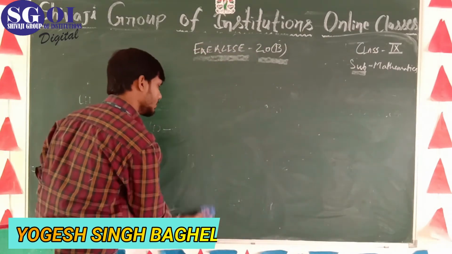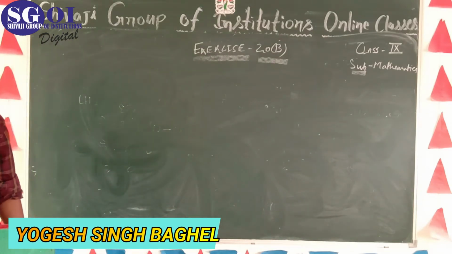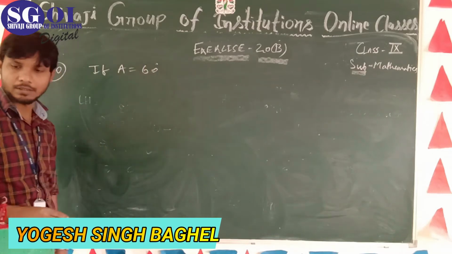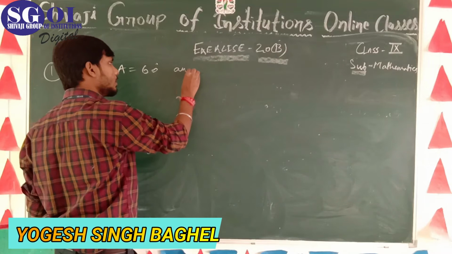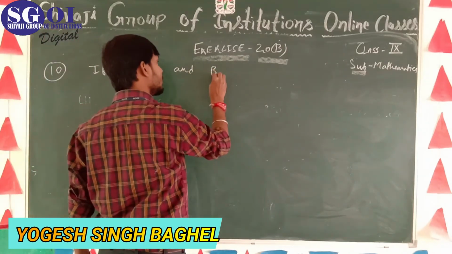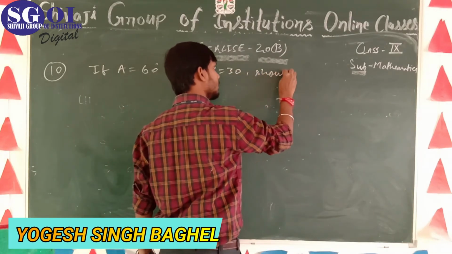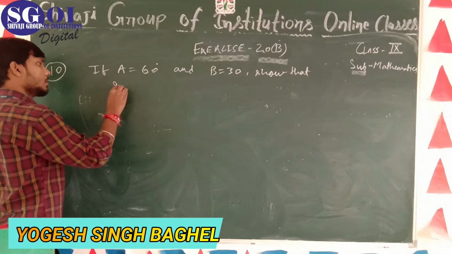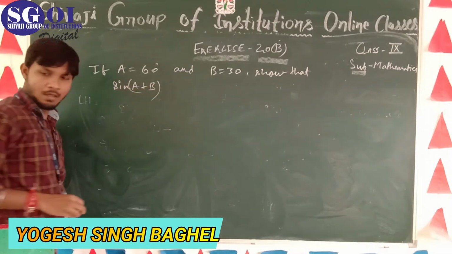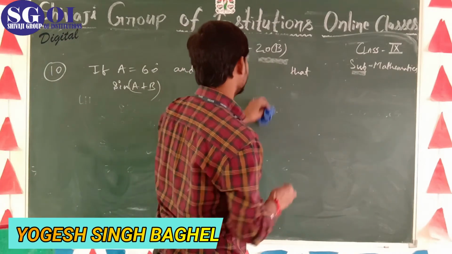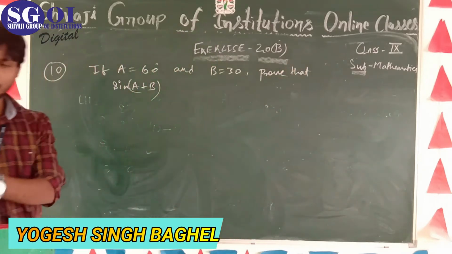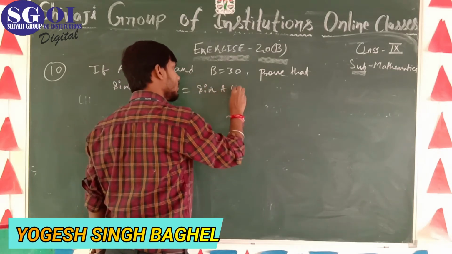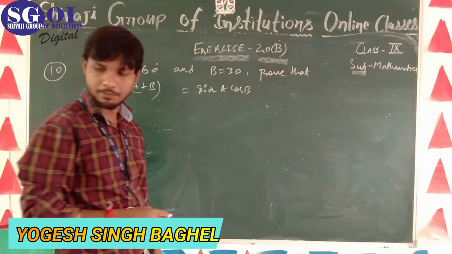In question number 10, if A is equal to 60 degrees and B is equal to 30 degrees, then we have to prove that sin(A plus B) is equal to sin A cos B plus cos A sin B.